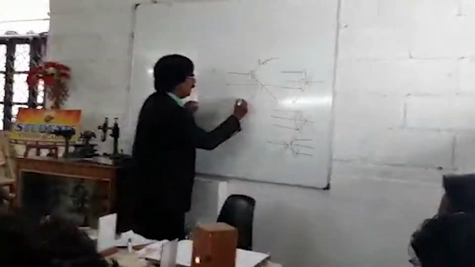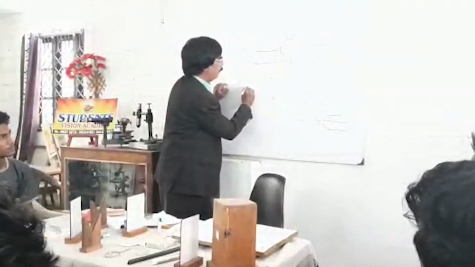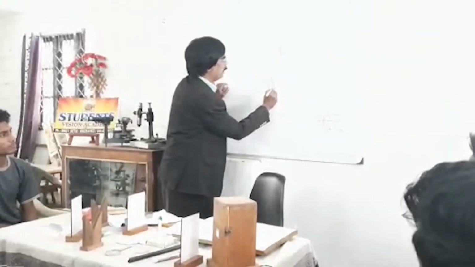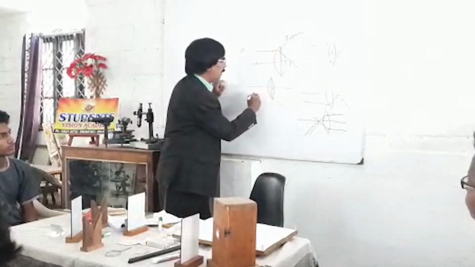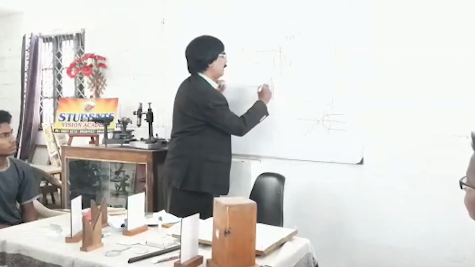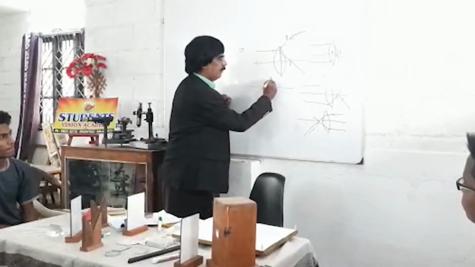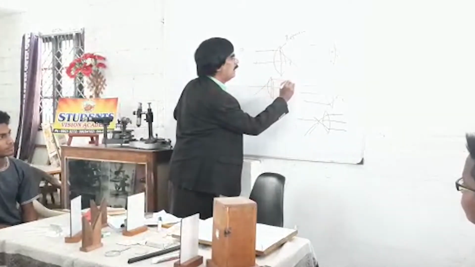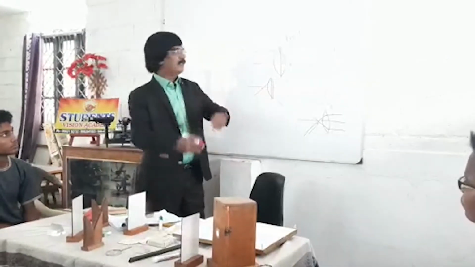And the second case is, we draw the optic center. The rays which are passing towards the principal focus, after refraction pass parallel to the principal axis. Parallel to the principal axis. Just reverse.